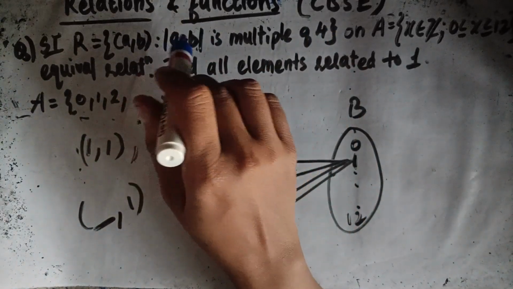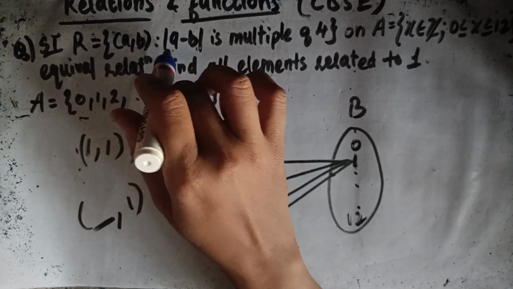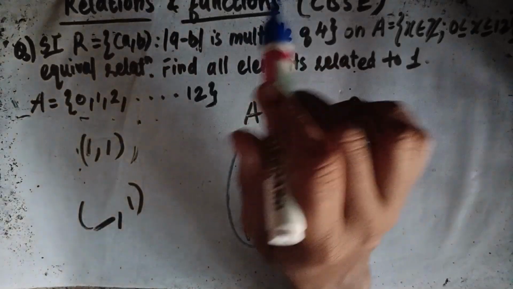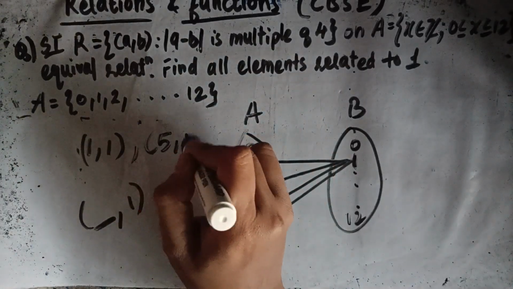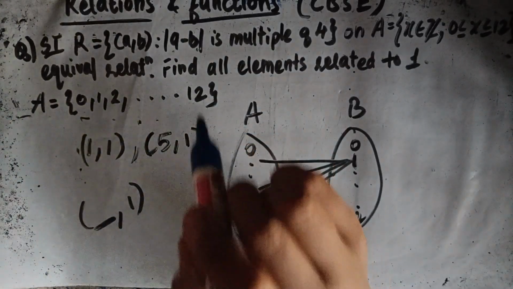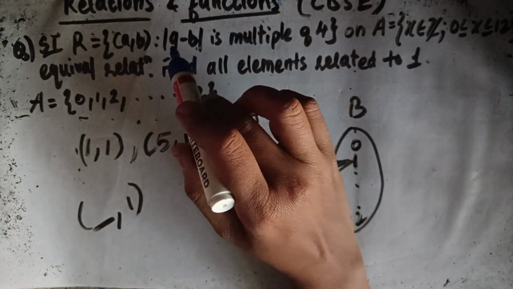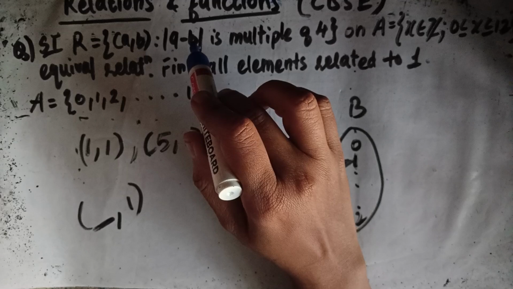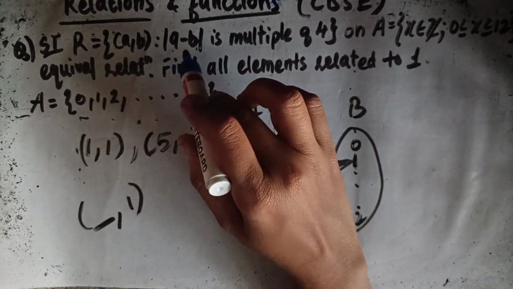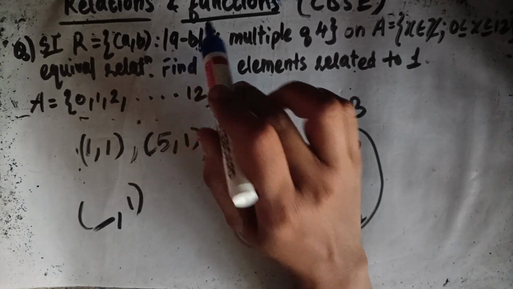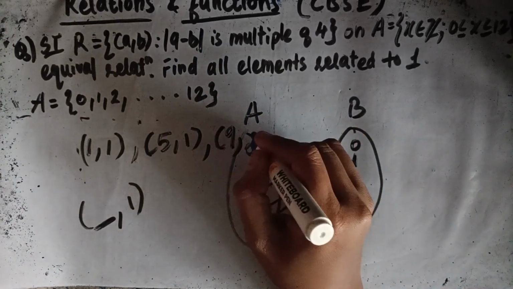Then 3: 3 minus 1 is 2, no. For 4: 4 minus 1 is 3, no. 5 minus 1 is 4, yes, so you can take (5, 1). Then 6: 6 minus 1 is 5. 7: 7 minus 1 is 6. 8 minus 1 is 7. Then 9 minus 1 is 8, so 9 you can take, (9, 1).